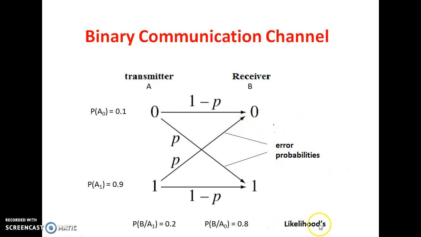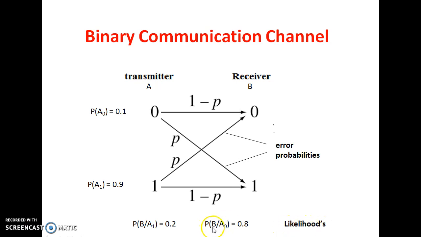Coming to likelihoods: if I assume the transmitter part as A and the receiver part as B, P of B given A1 is 0.2, and P of B given A0 is 0.8. These are called likelihood probabilities.